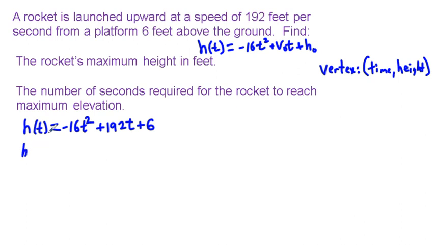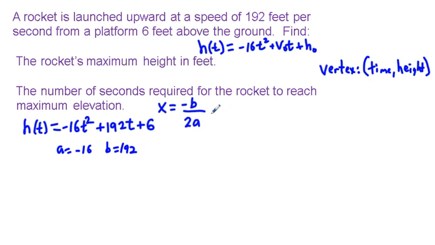Now, one thing I did is instead of completing the square in this one, I'm going to do something a little different. We have the axis of symmetry formula x equals negative b over 2a. In this case, a is equal to negative 16 and b is equal to 192.